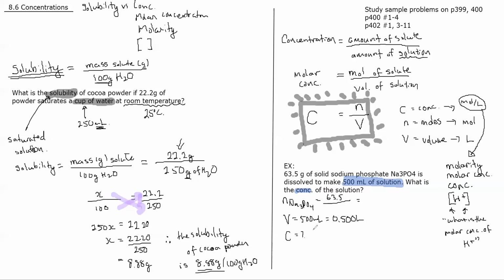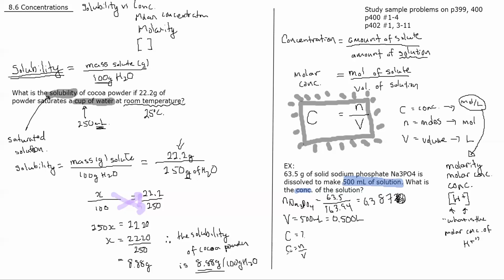So that is 3 times 22.99 plus 4 times 16 plus 30.97, which is 163.94. 63.5 divided by that is, so sig figs, 0.387. Concentration is going to be calculated by N over V.